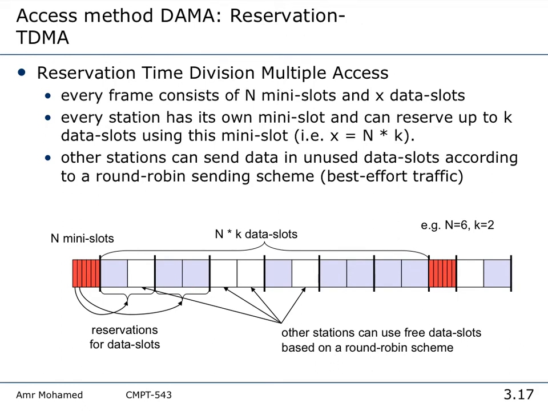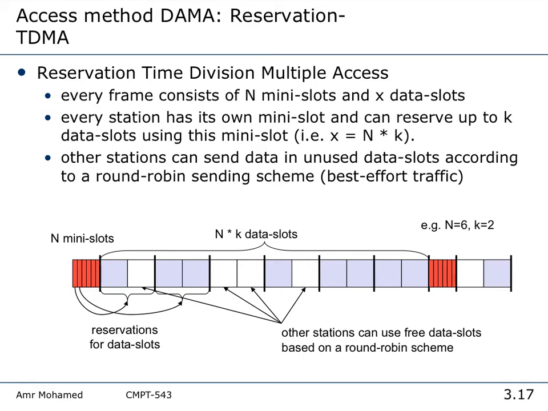And each node can request up to k slots, which means that if I have n nodes, the maximum number of time slots is n times k, which refers to the full load.